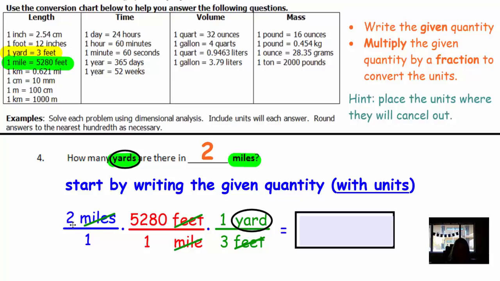So now we need to do our calculation. In your calculator, you're going to multiply 2 times 5,280. You don't have to bother multiplying by 1. Then 3 is on the bottom, so after you multiply, hit divided by 3. Go ahead and calculate.